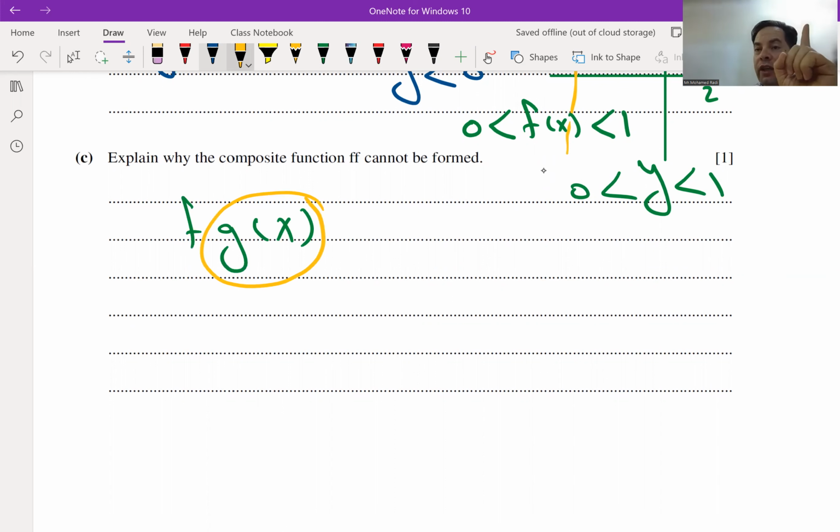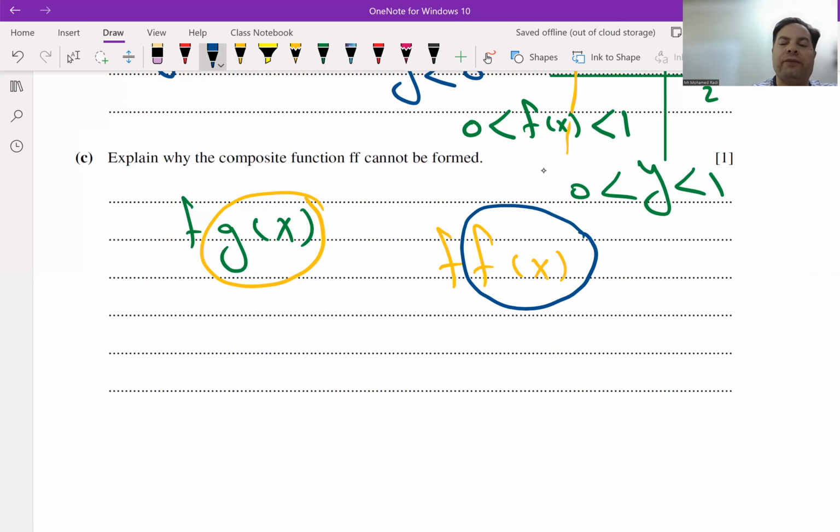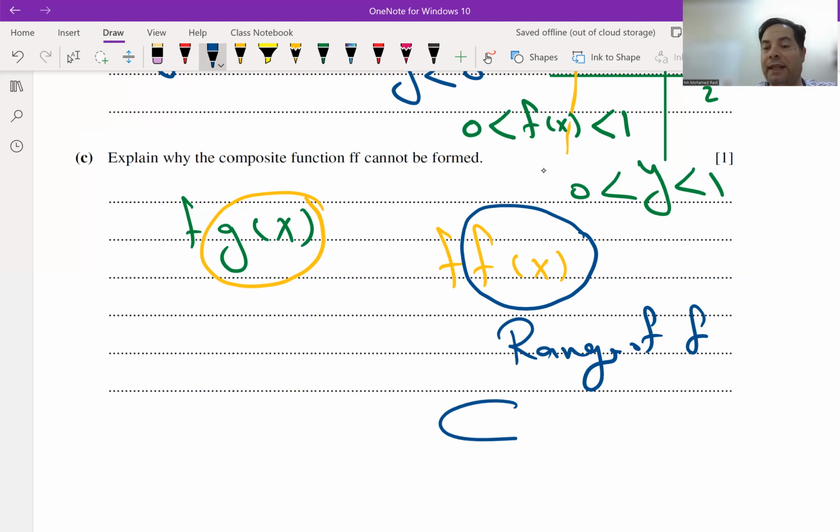The range of g within the domain of f. So when you are asked to find the composite function f of f, you have to get the range of f. The range of f has to be a subset of the domain of f.